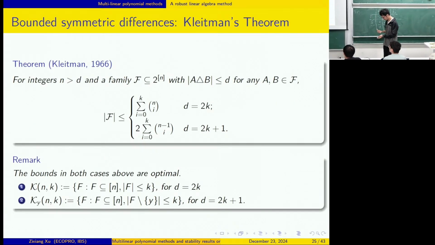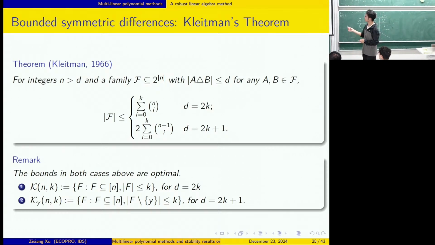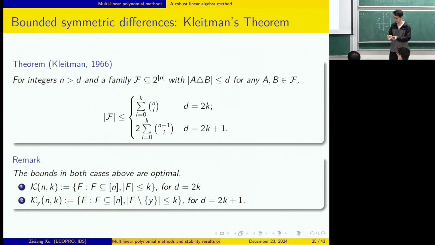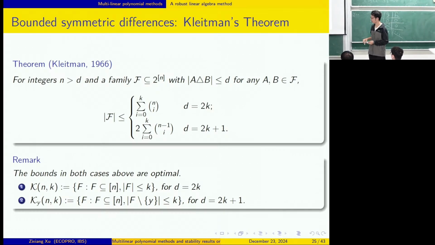So let's recall the Kleitman theorem. It states that if the pairwise symmetric difference is bounded by D, then the size is bounded by the Hamming ball size of radius k.